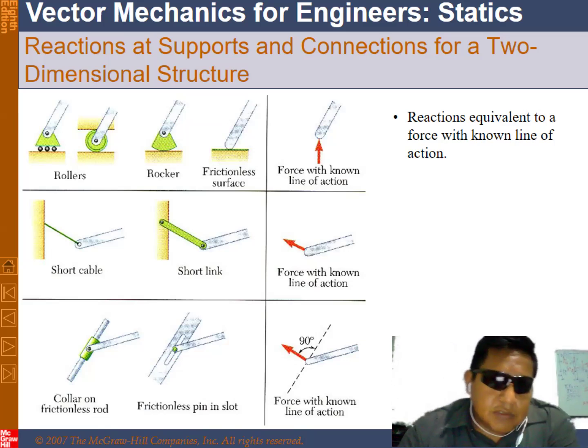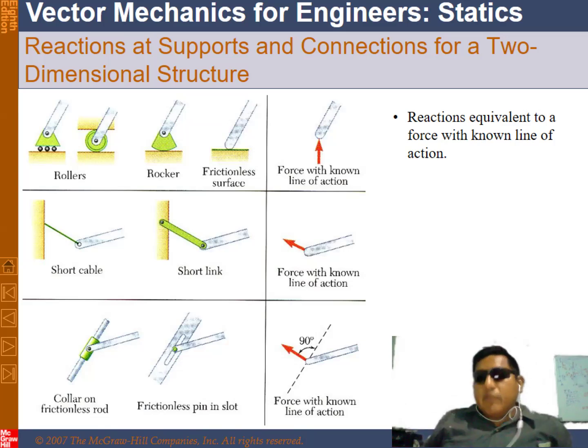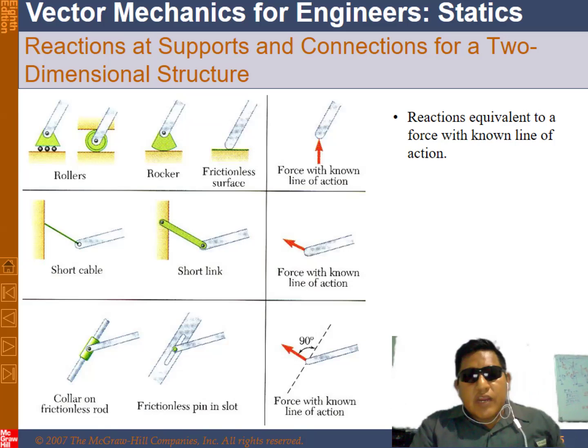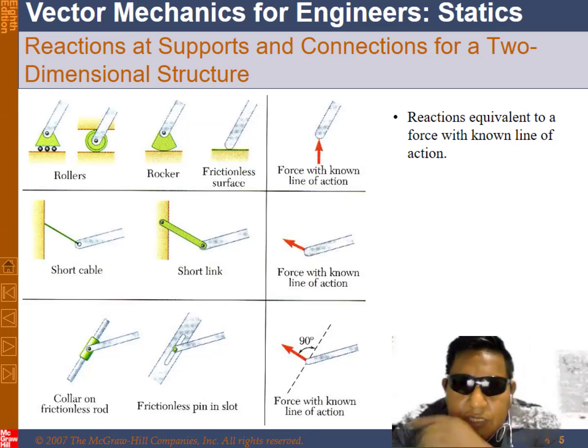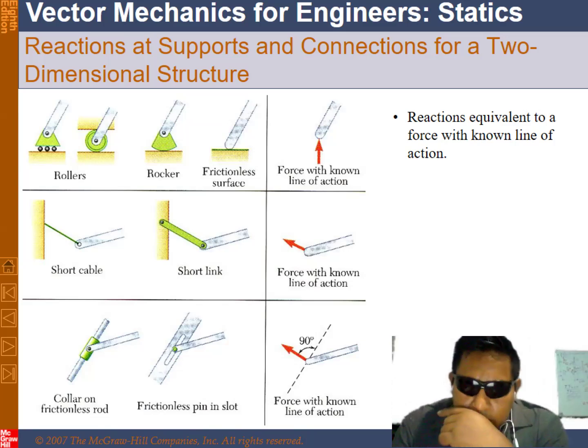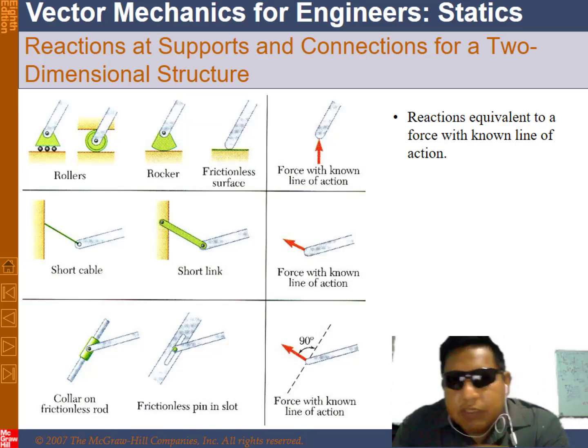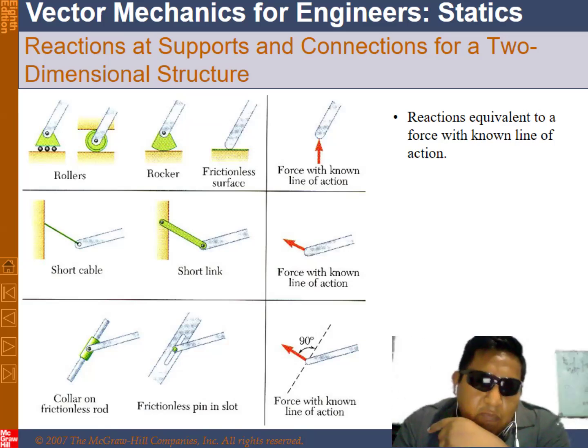In this case, you need two cables. For example, a short cable, a short link. The cable link is a pure force with a known line of action. It represents when the force is a vector. It's a vector that represents this feature.